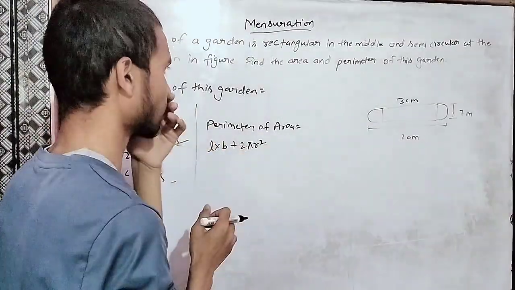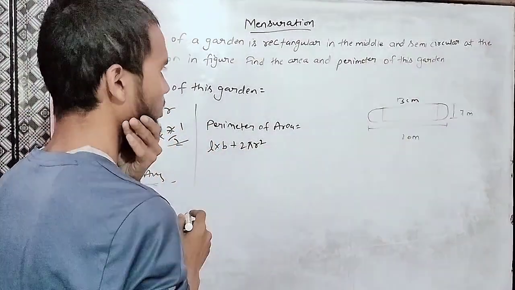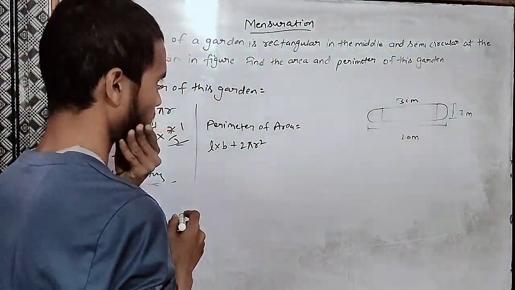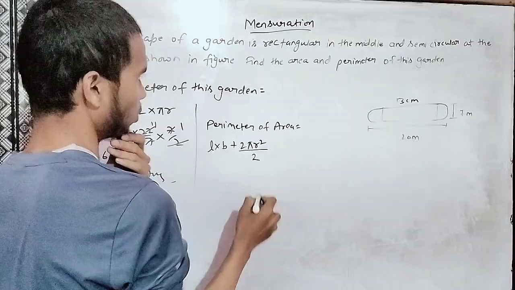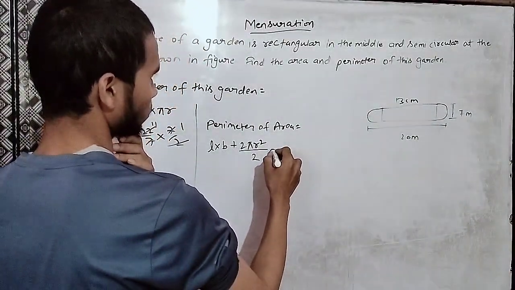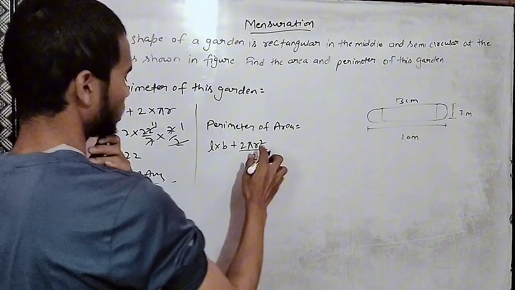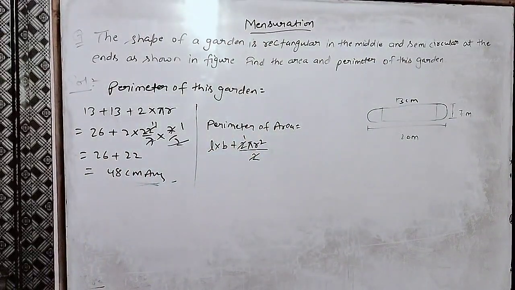So 2 times upon 2 will get cancelled out.